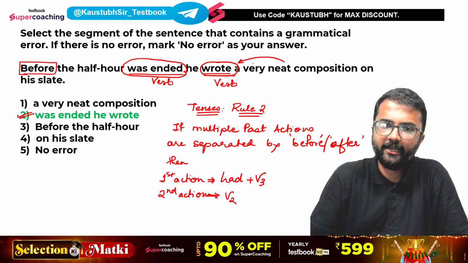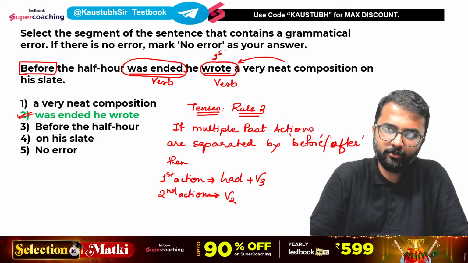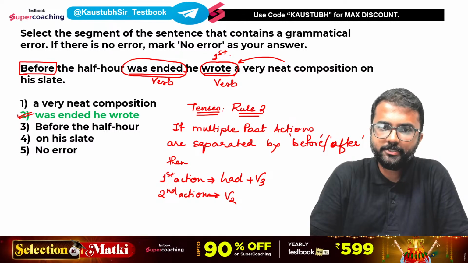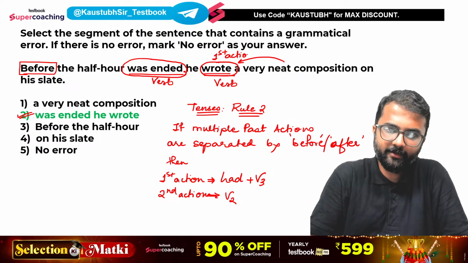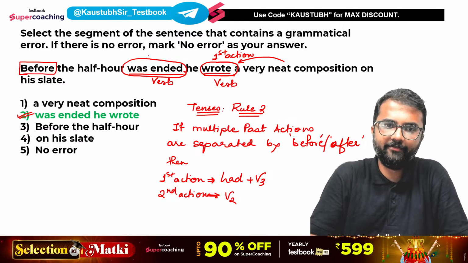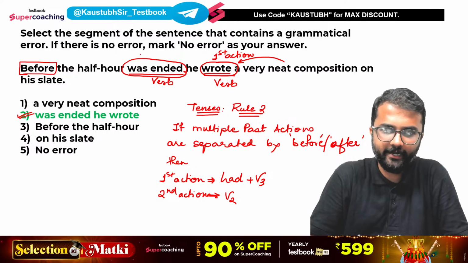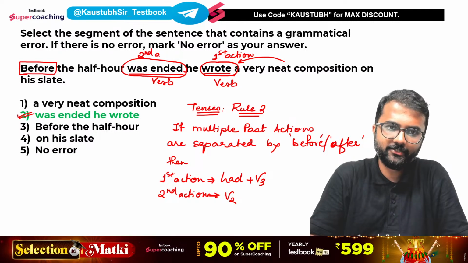The first action that took place on the time scale is he wrote the neat composition on his slate. This happened first, and then the half hour ended, or the time got ended. This is your second action.